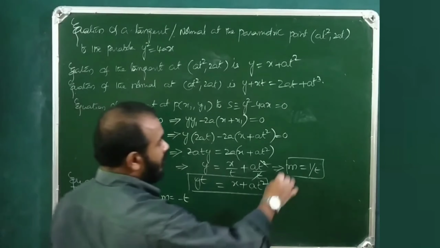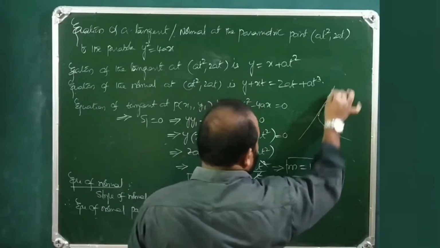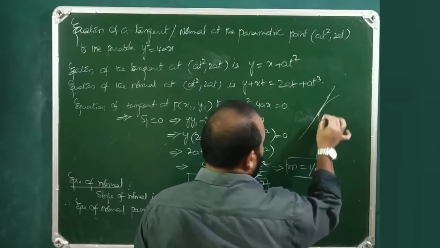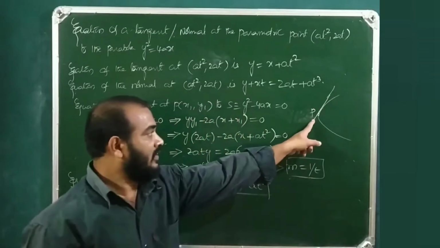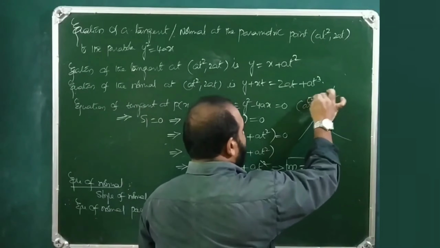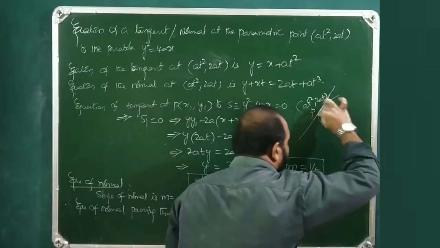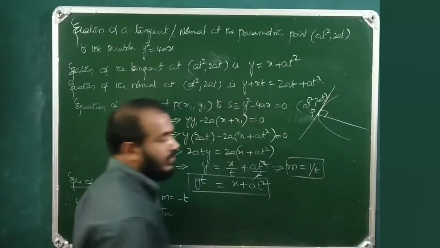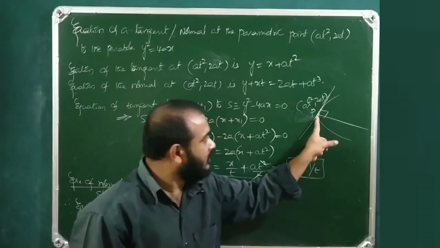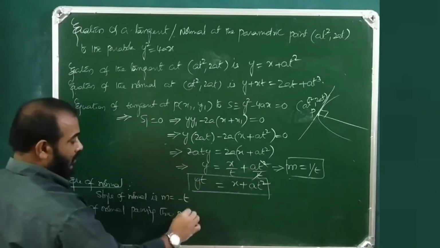So far, we have found this tangent at this point of contact, the parametric point (at², 2at). Now the normal also passes through P. What is P here?